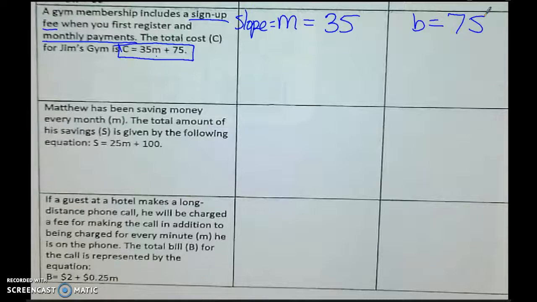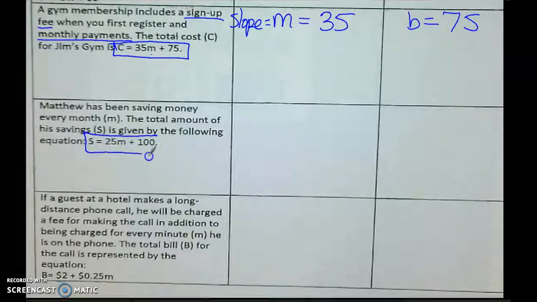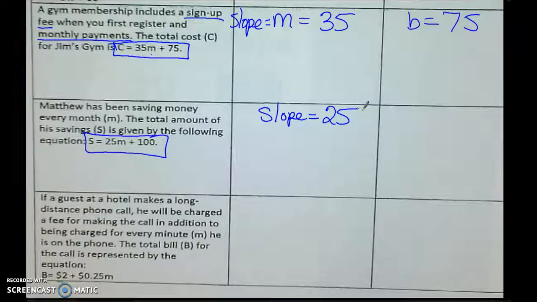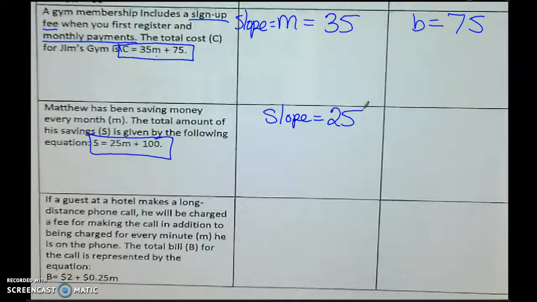Now looking at number 4, Matthew's been saving money every month. So the total amount of his savings is S, and we have our equation. So for number 4, slope. If our slope equals 25, what does that mean? That means that every month Matthew is saving $25.